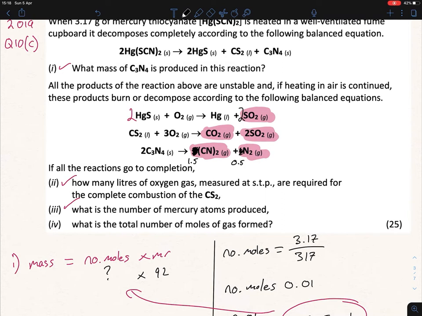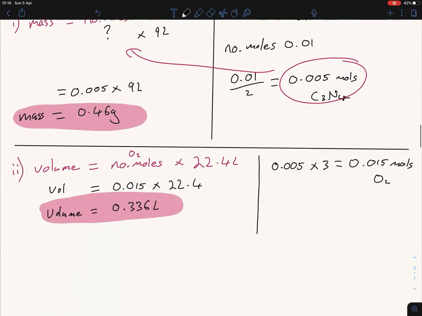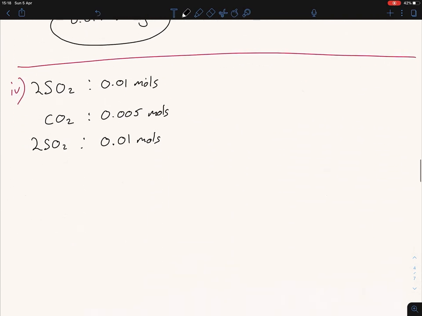So what I'm going to do now is just multiply them out. So for our CN2, come down over here, we're dealing with 1.5 over here. Well, if we know 0.005 is for 1, you just multiply that by 1.5, and you're going to get your 0.0075 moles.